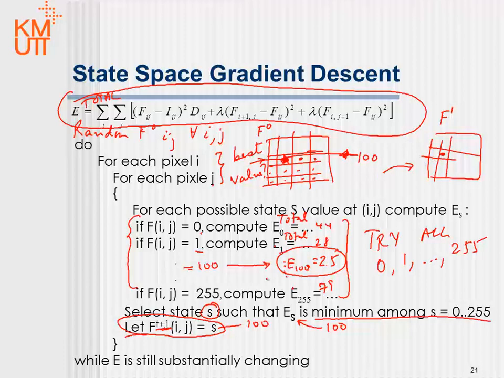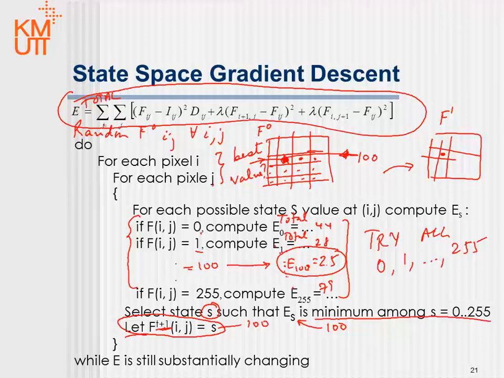And you keep repeating this, and this will be much faster than continuous space gradient descent. I mean, much fewer iterations, but each iteration is computationally quite intensive, because each round you have to compute 256 energy values, and each is actually a double for loop.